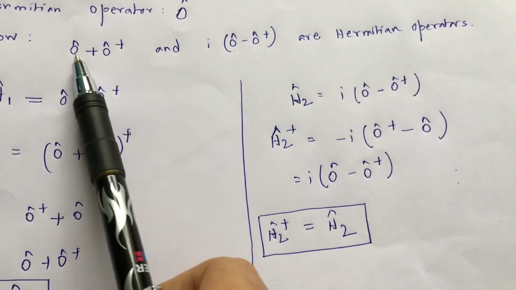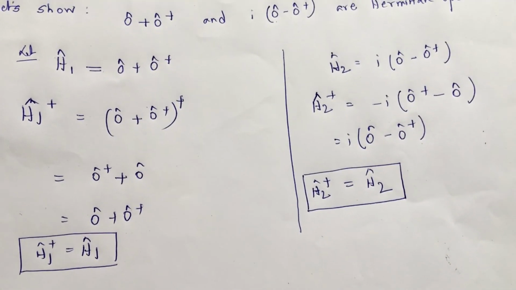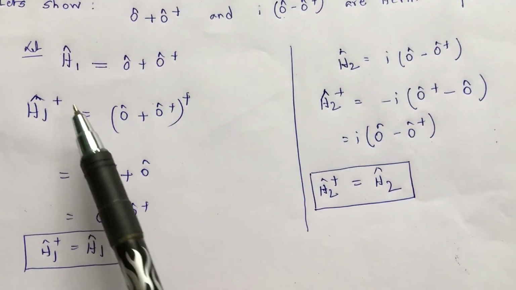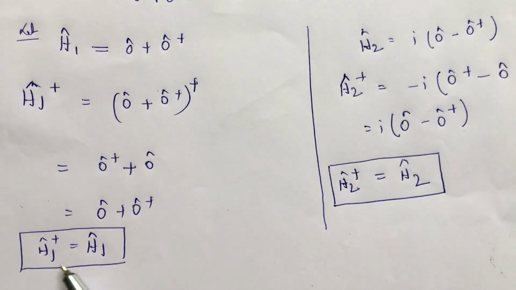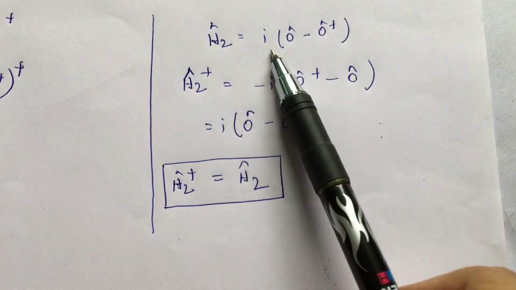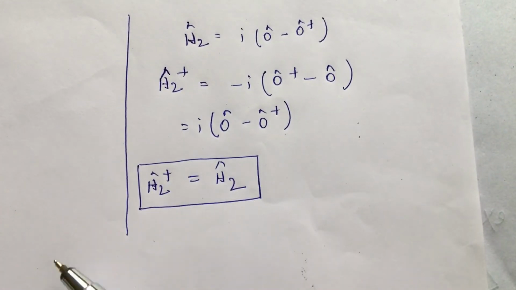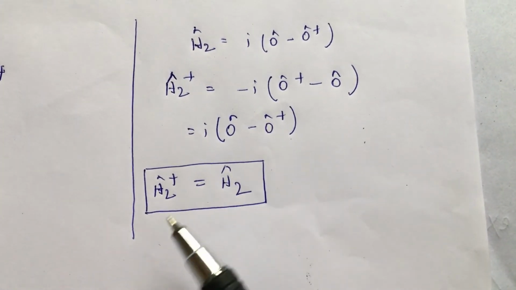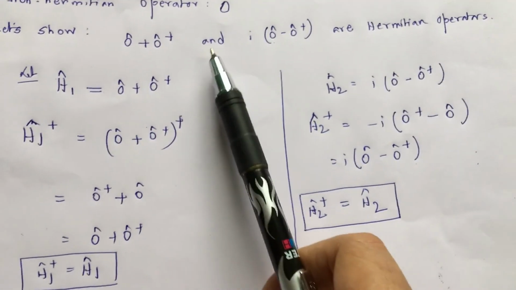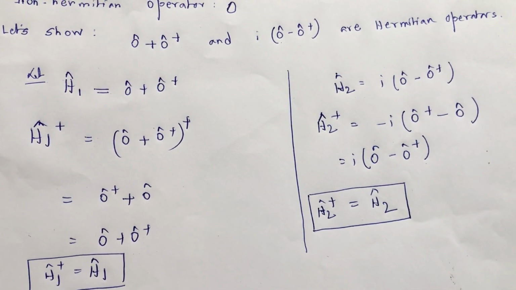Let me show you that both of these are Hermitian operators. Let's write H1 equal to O plus O dagger. If I take H1 dagger, I will get H1 dagger equal to H1. Similarly, if we have H2 equal to i(O minus O dagger), then H2 dagger will be like this. So it's H2 dagger equal to H2. So a combination of non-Hermitian operators can also give us Hermitian operators.